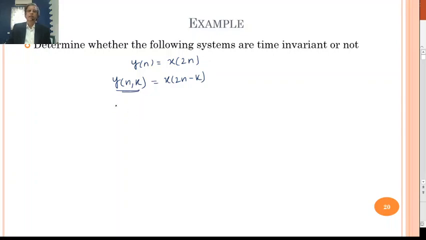Then the output is delayed, y of n minus k. Now substitute, replace n by n minus k, and that equals x of 2 times n minus k, and that equals x of 2n minus 2k.